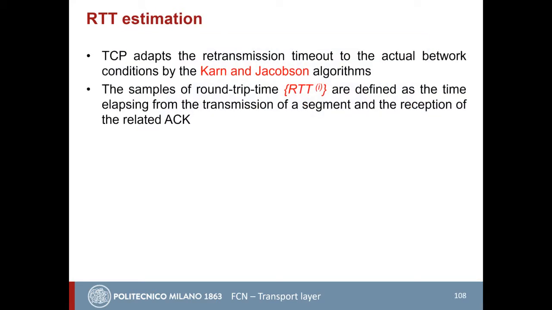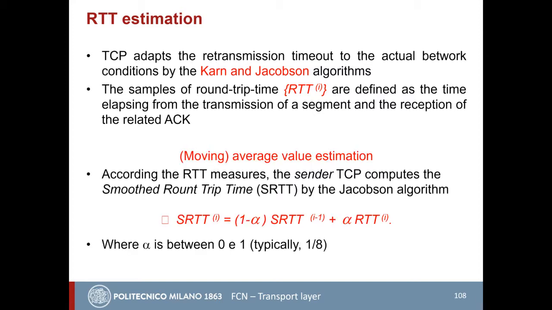So the round trip time estimation is based on a moving average mechanism. Basically, the sequence of samples that the sender has in order to estimate the timeout is given by the continuous measurement of the delay between sending a segment and receiving an ACK.